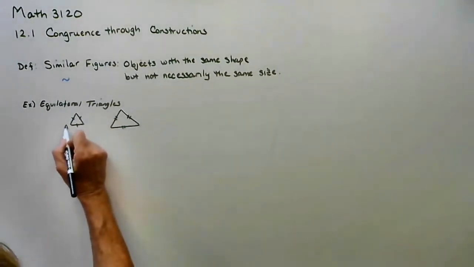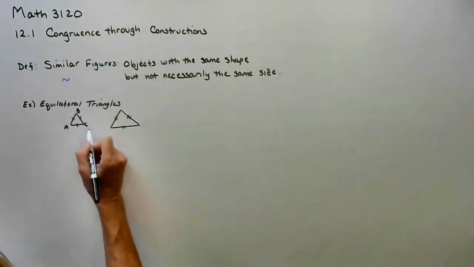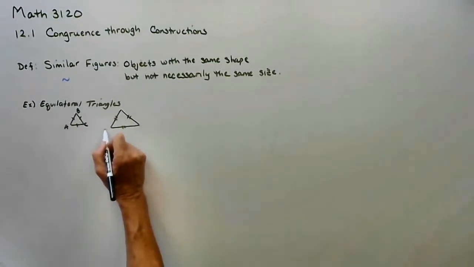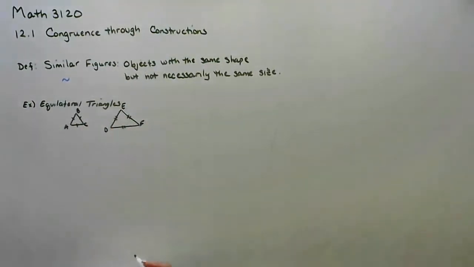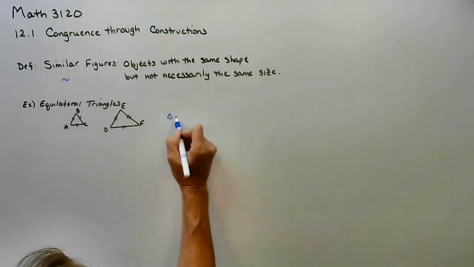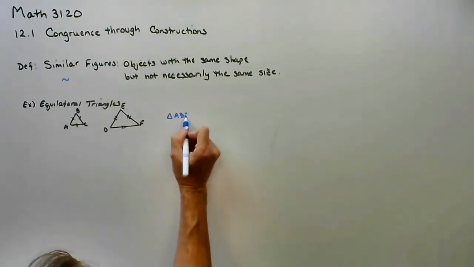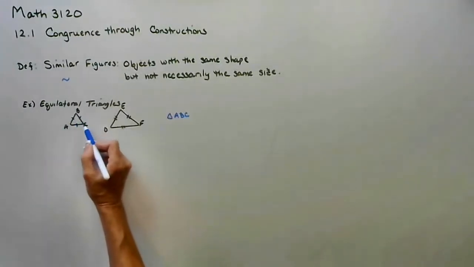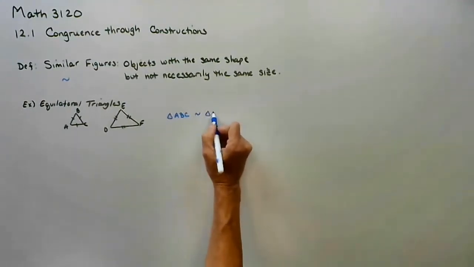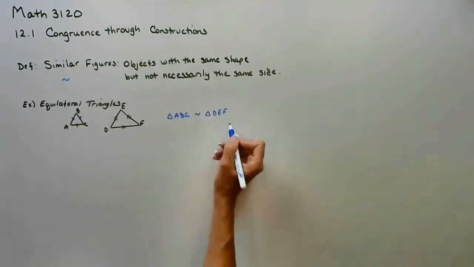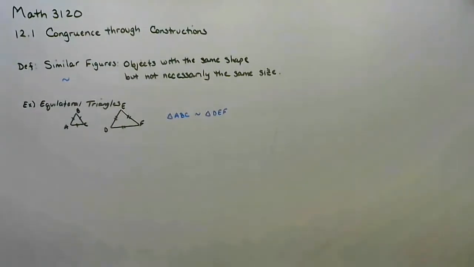So if I call this first one ABC, and I call this second triangle DEF, I would say that triangle ABC, so going from A to B to C, is similar to triangle D to E to F. Okay, so they may be the same shape but different sizes.